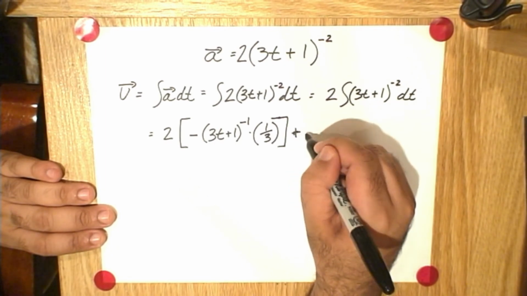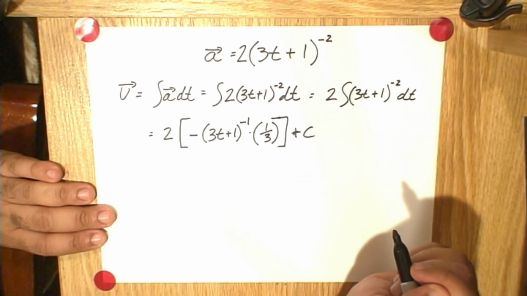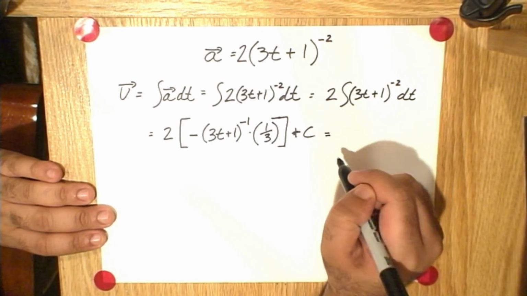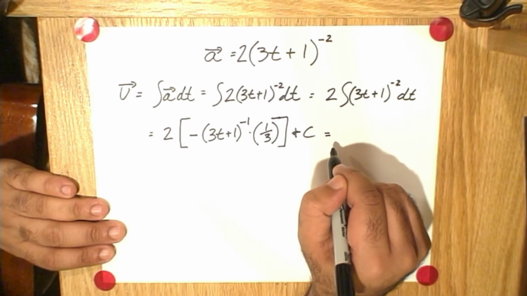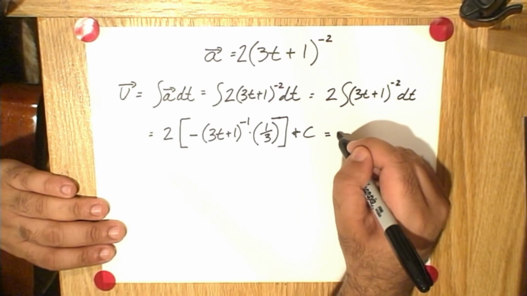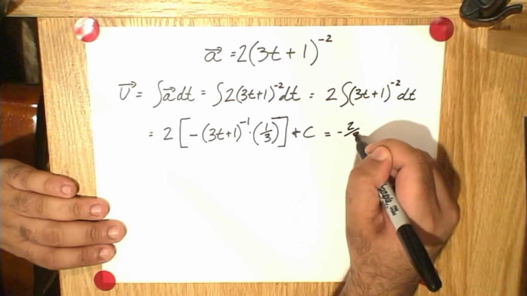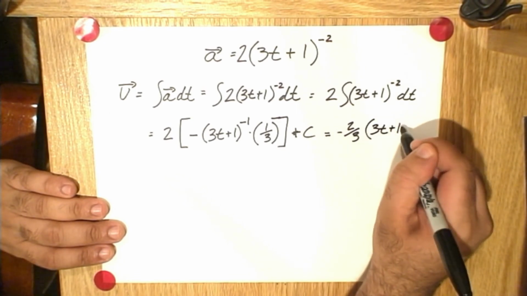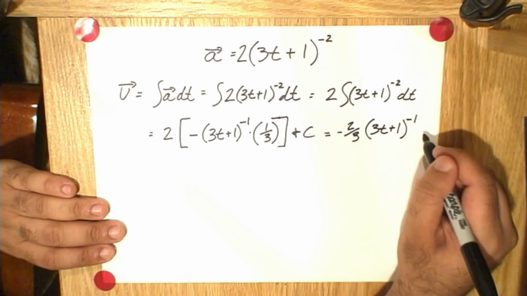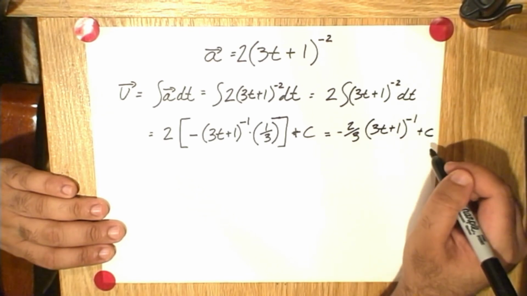And this whole thing has to have a c added to it. So this entire integral works out to negative 2/3 of (3t + 1) raised to the negative 1 power plus c.